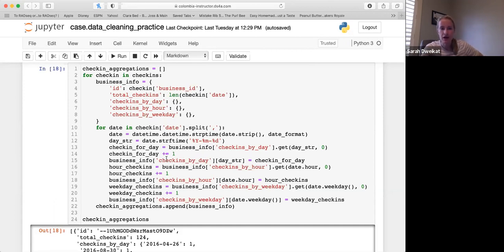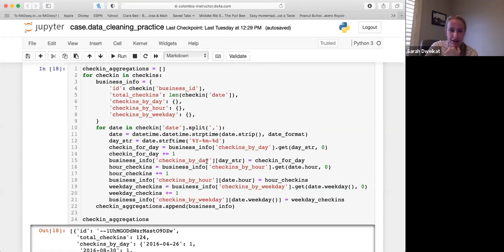So for business info, what we want to do here is then add, so we're calculating our number of check-ins for day, and then we have business info from up here.